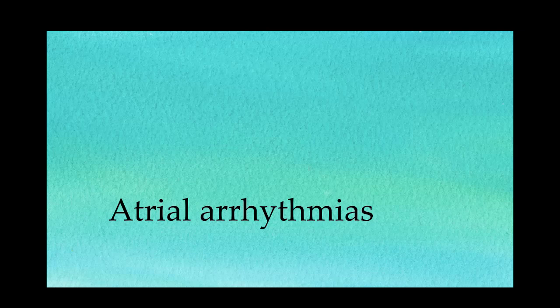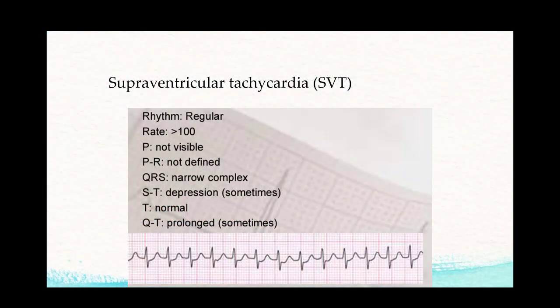Atrial arrhythmias. The first one that we're going to look at is supraventricular tachycardia. And technically, sinus tach can be considered as a form of SVT. I think that they should be cleaved out and done separately because sinus tach is a normal variant.